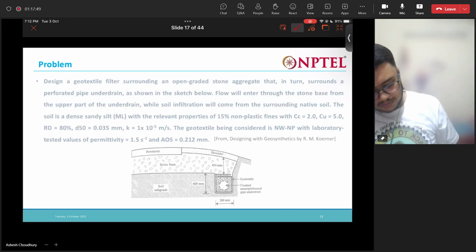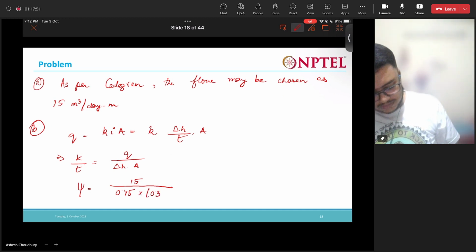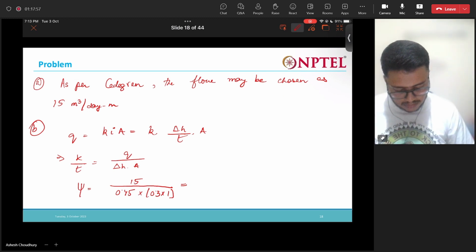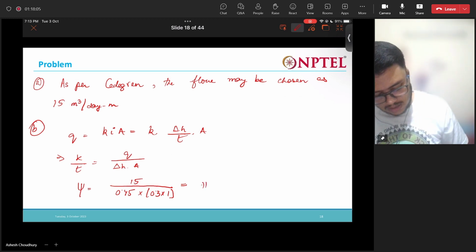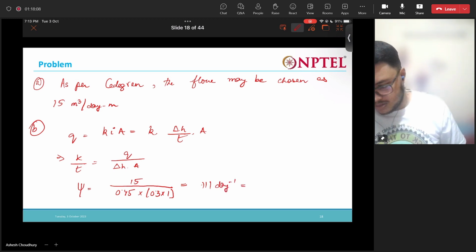So 0.3 into 1. So this will come out as 111 per day, which is approximately 1.3 into 10 to the power minus 3 second inverse.